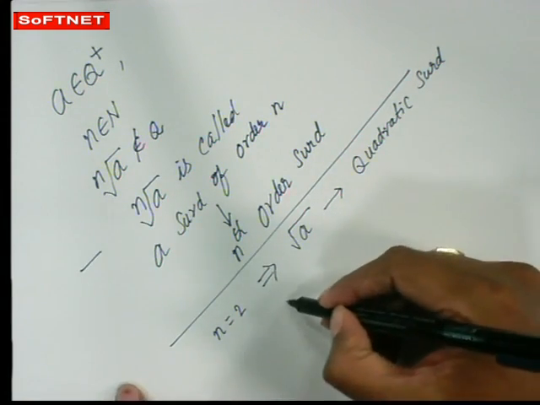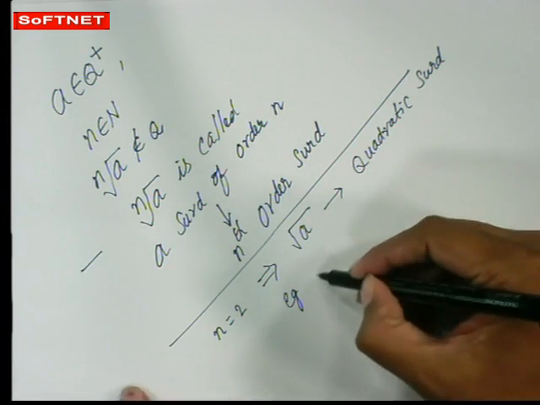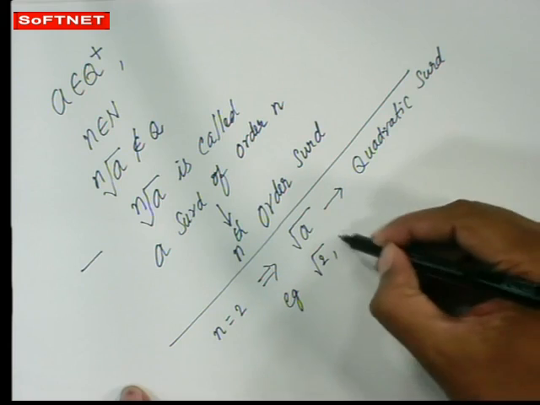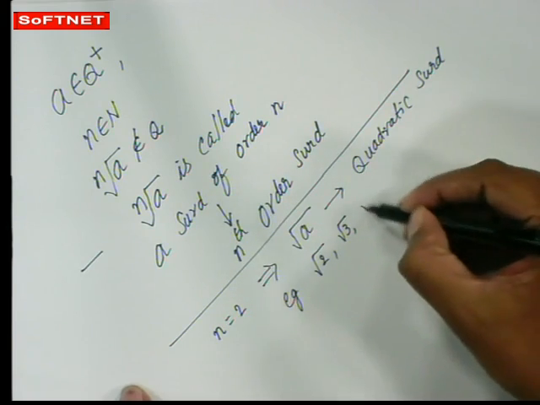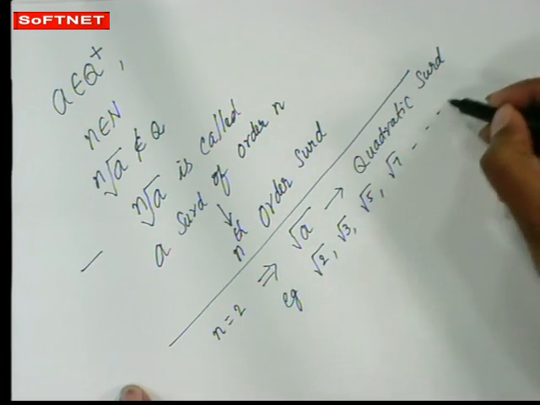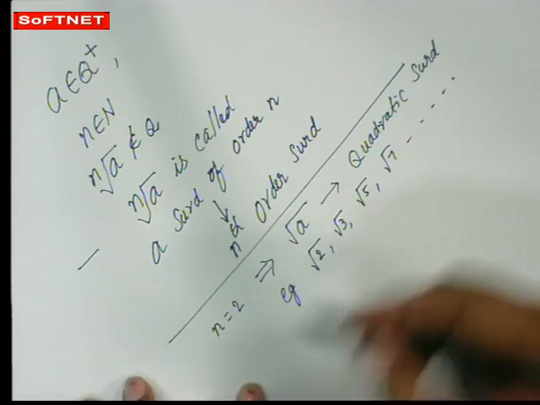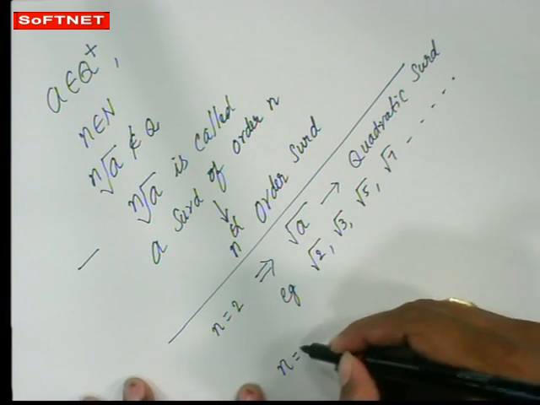Let us examine some examples. That is root 2, root 3, root 5, root 7 and so on. They are examples of quadratic surds. Let us take n is equal to 3.